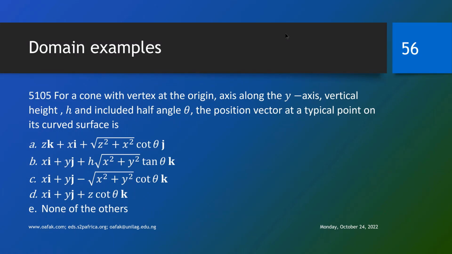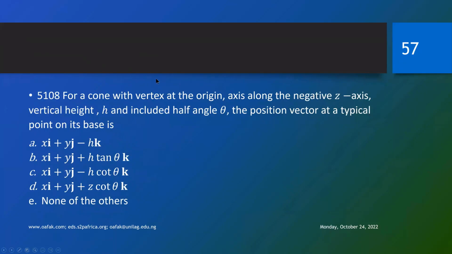Please always write the number of the question you are answering so that there's no mistake. Okay, the next question is the position vector at a typical point on its base. We are now talking of the base. In this case, the cone has a vertex at the origin, the axis is directed along the negative z-axis, with vertical height h and included angle theta.